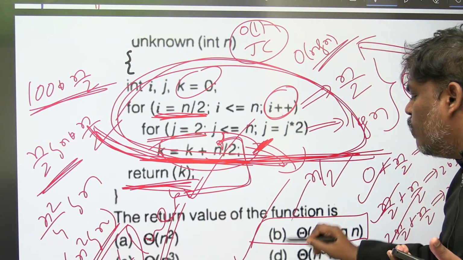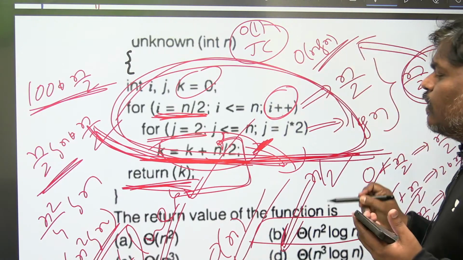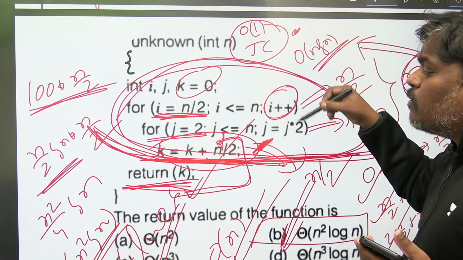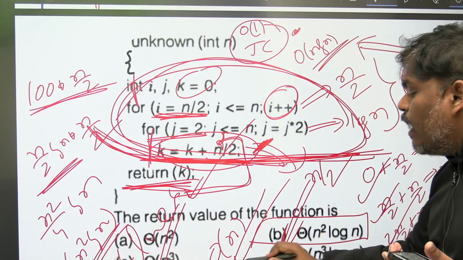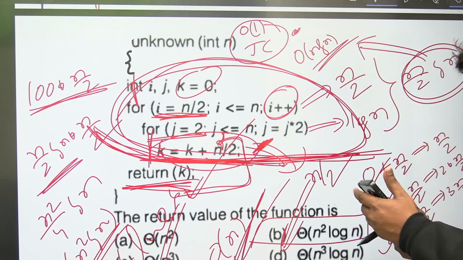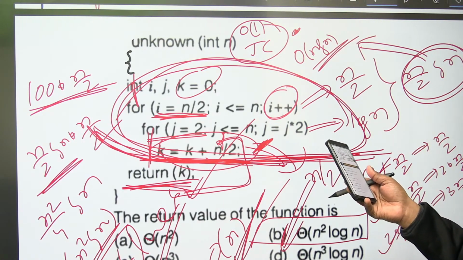At that time value becomes n by 2. Time complexity 1 means the loop executed one time only, but value is n by 2.